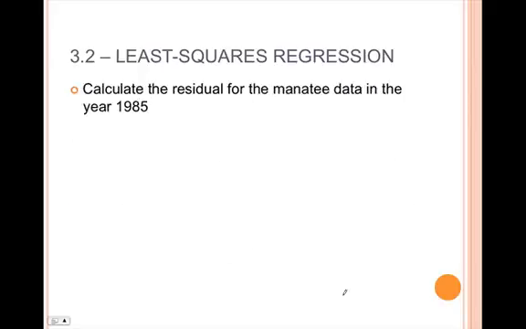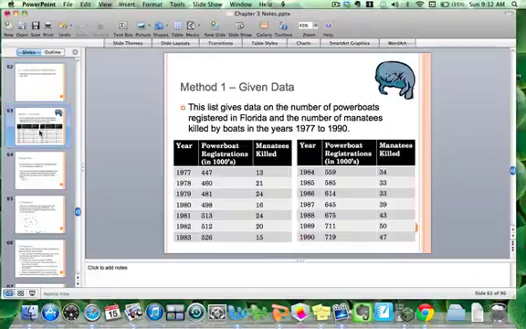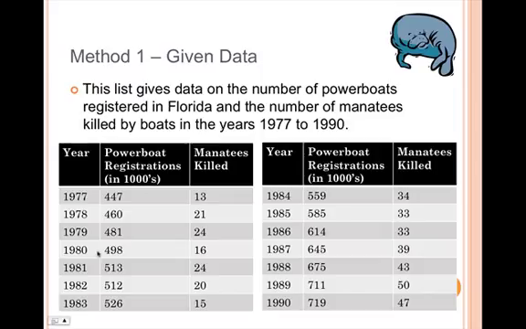So let's calculate the residual for the manatee data in the year 1985. Now I need to get this data. Here it is. Okay, so in 1985, my actual data point was 585,000 boats, and 33 manatees.